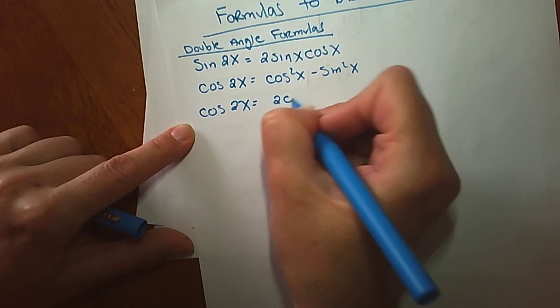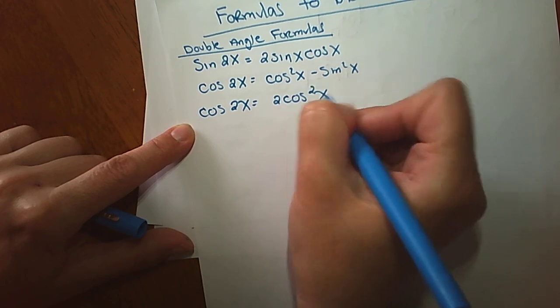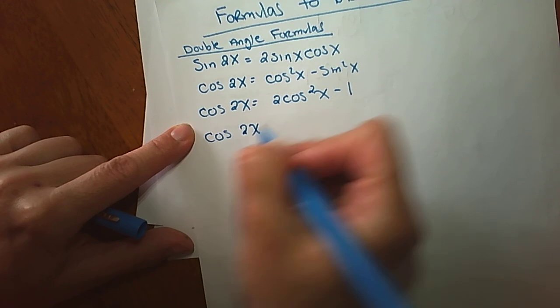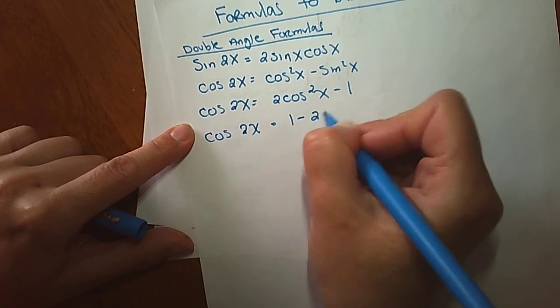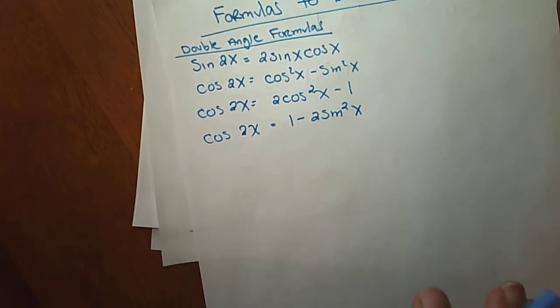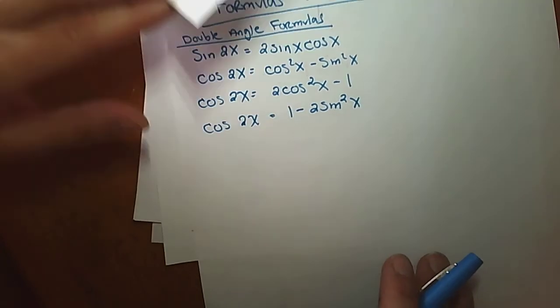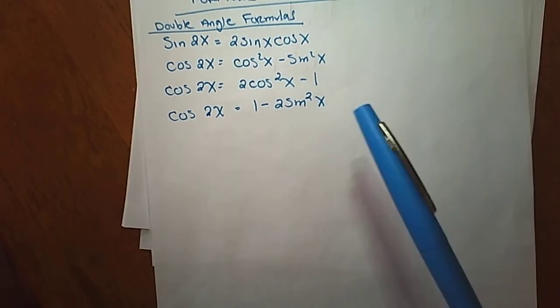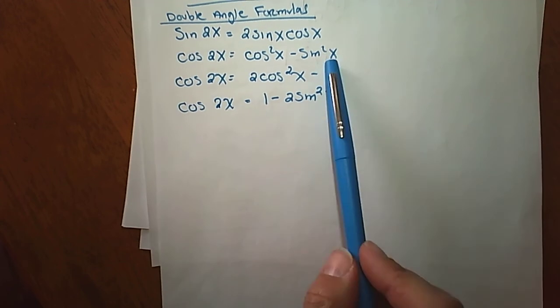Then there's 2 cos squared x minus 1. And 1 minus 2 sine squared x. Those of you taking calculus next year, these are going to show up quite a bit. Right? These are going to show up quite a bit. So what I want you guys to do now, make sure you have these memorized.